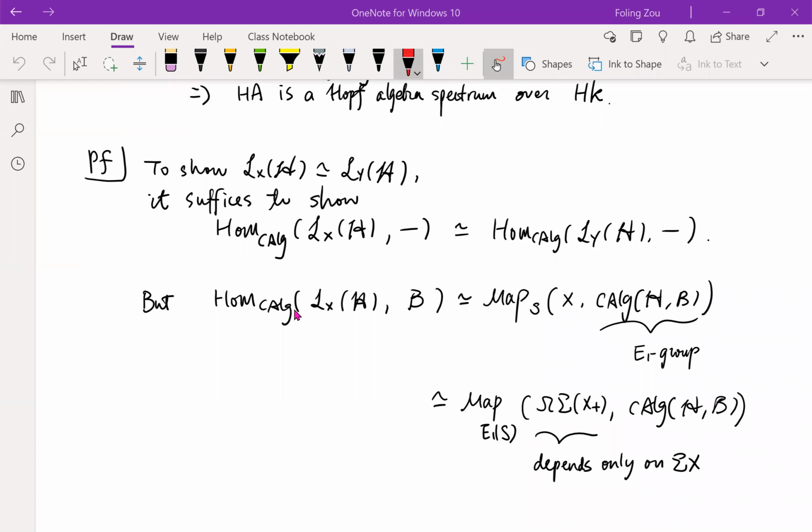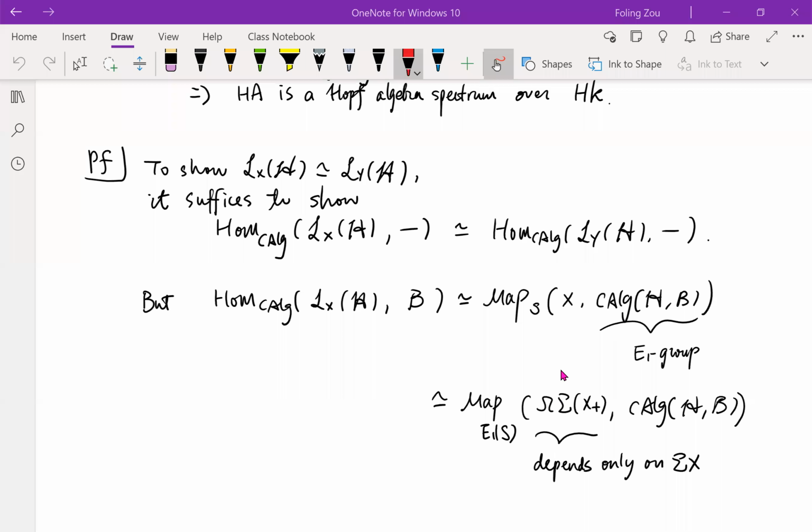And here, if we take Hom of Loday to B, using the adjunction, this is equivalent to Hom from X to the maps of commutative algebras from H to B. And using the E1 cogroup structure on H, we get an E1 group structure on maps out of it. So this second slot is an E1 group object in spaces.